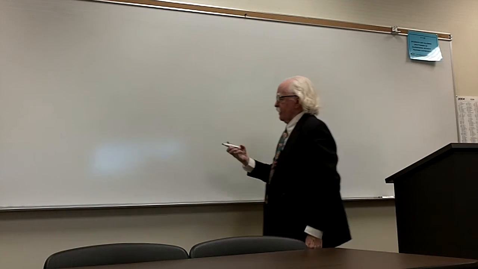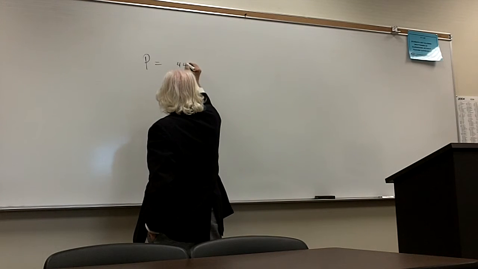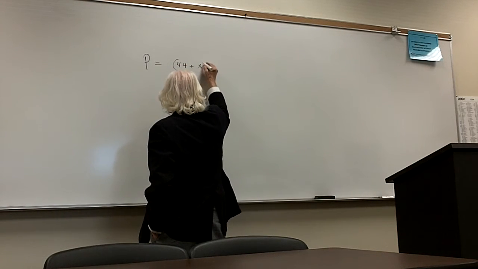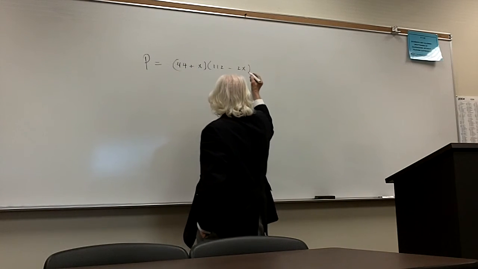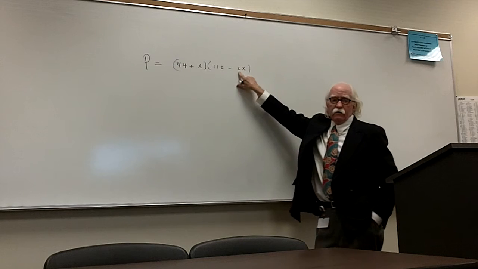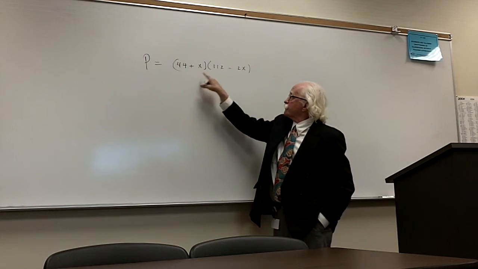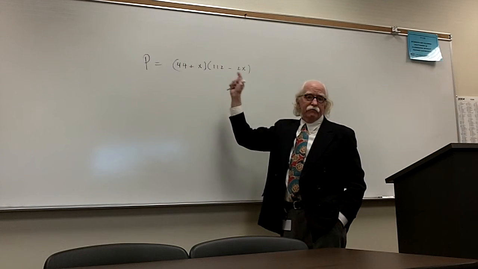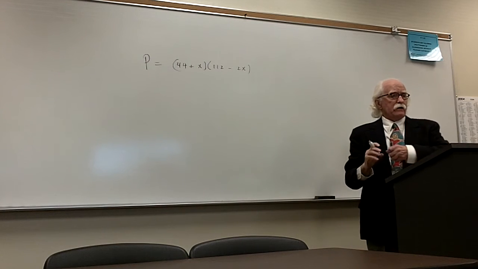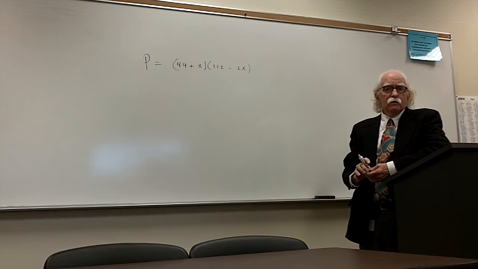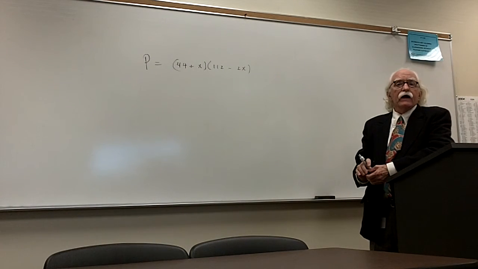The way you would set this up, everybody, is the production would be equal to 44 plus x times 112 minus 2x, if you lost just 2 gallons per extra cow you added. Do this multiplication and then find the vertex. We've done that, and then you've got your answer right there. It may be a decimal. If it is, you drop down to the lower cow.